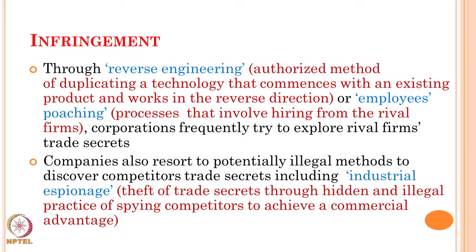These are three different ways to get secret information out from the firm, and these are ways of infringing the intellectual property which firms keep secret for their benefit in the market.